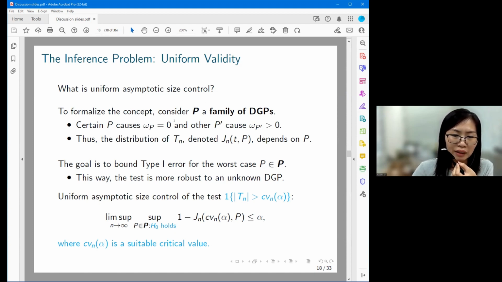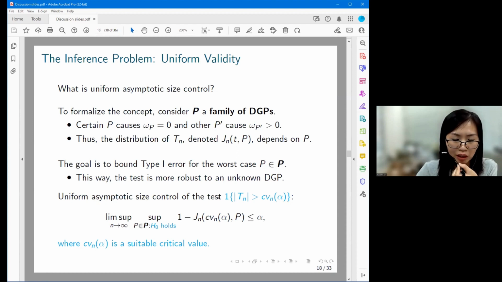To formalize it, we consider a family of data distributions, P. For some of the distributions, the variance of the log density ratio is 0, and for some other distributions it is positive. Let the distribution of the test statistic be denoted J_n(t, P). It depends on the data distribution, because the test statistic depends on the data.